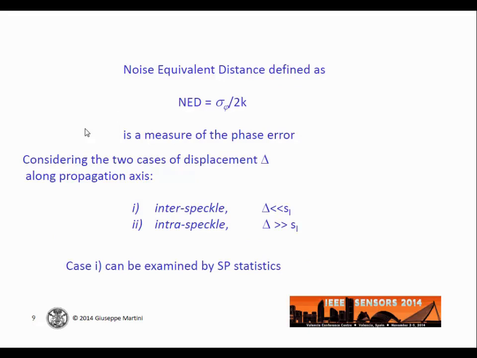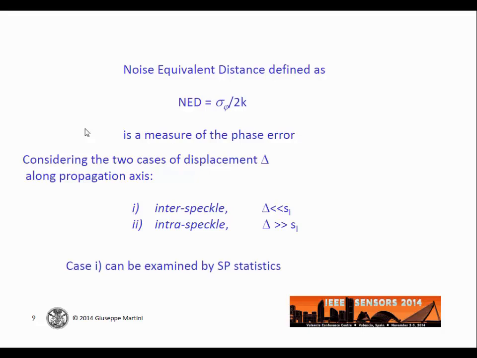Well, the noise equivalent distance, defined as a ratio of phase error variance to your scaling factor times the wave vector, is a measure of the phase error.